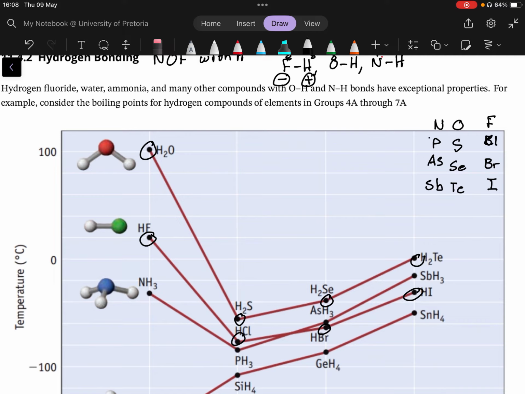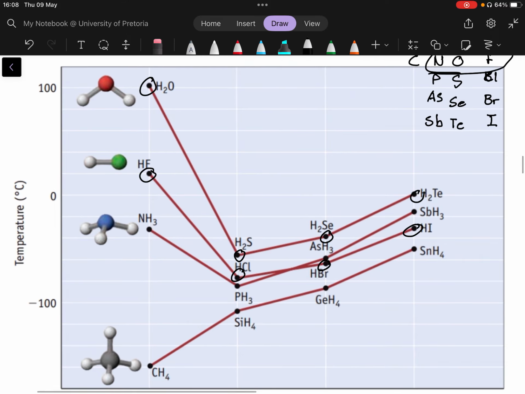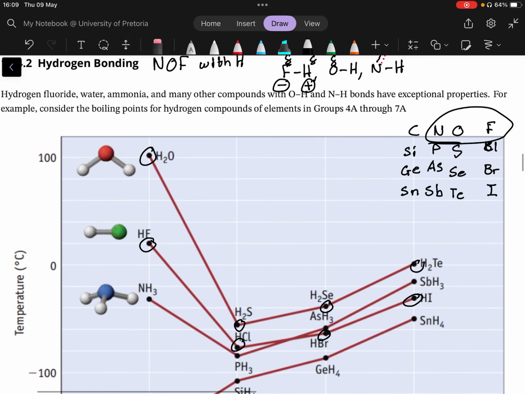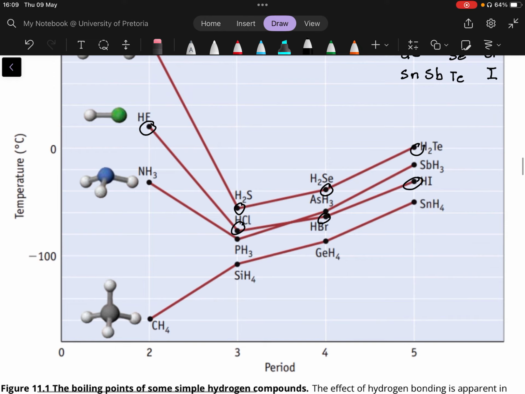So in those groups, for some reason, the ones at the top, when they're bonded with hydrogen, have higher boiling points than the rest. Where the trend falls apart is with carbon. So the group of carbon, silicon, germanium, and tin does not show that trend.